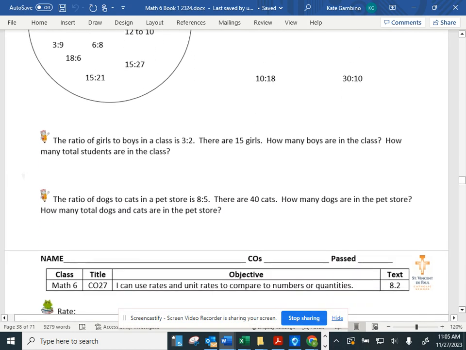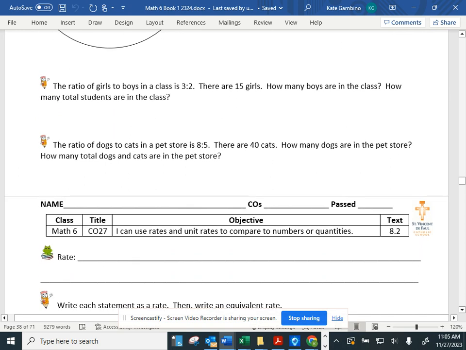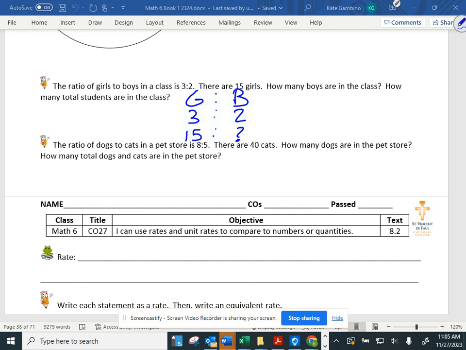But we will have to know how to solve these word problems. So remember, for this one, we had girls to boys, 3 to 2, and then there were 15 girls. How many boys? Look at how I set that up.